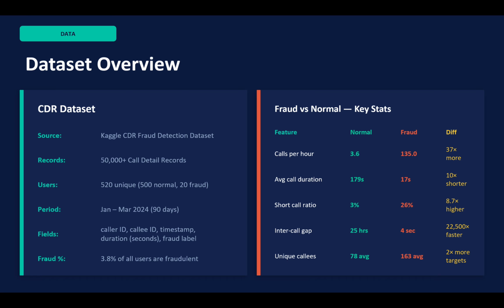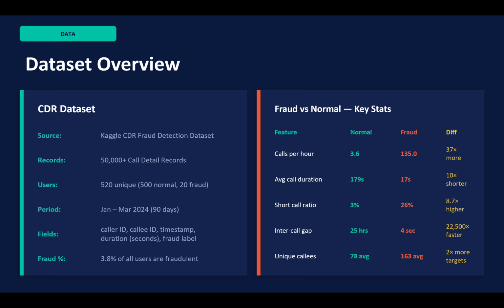So the data overview. I used a call detail record data set from Kaggle, which comprised close to 45,000 call records spanning, I think, 90 days. As it says here, it's almost 50,000, just rounded up.